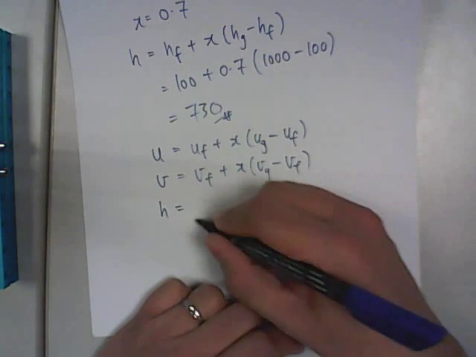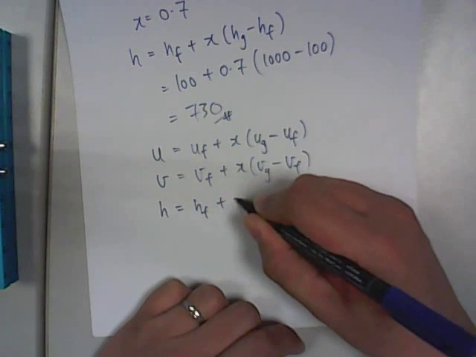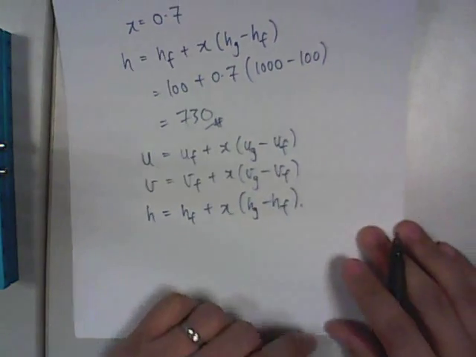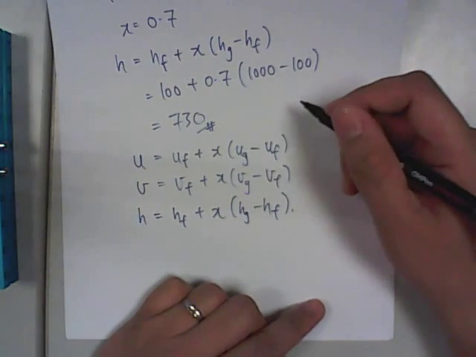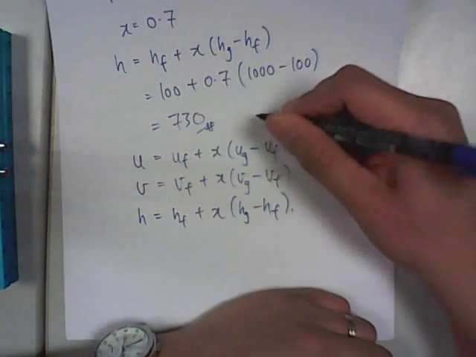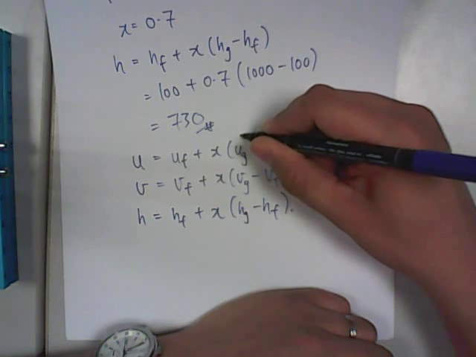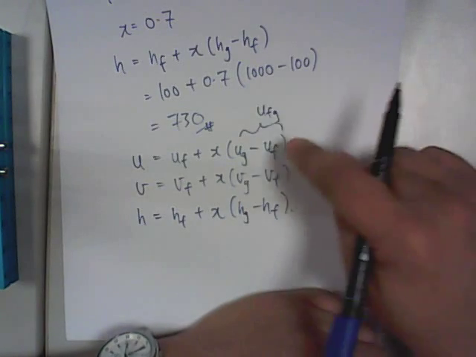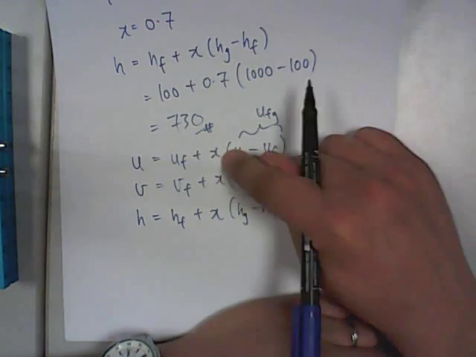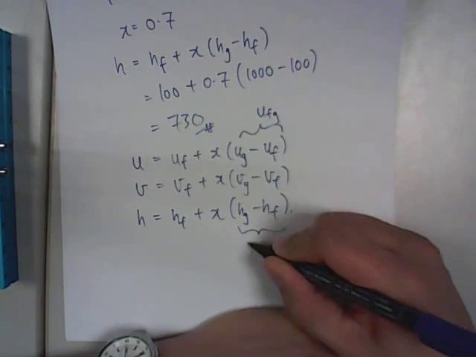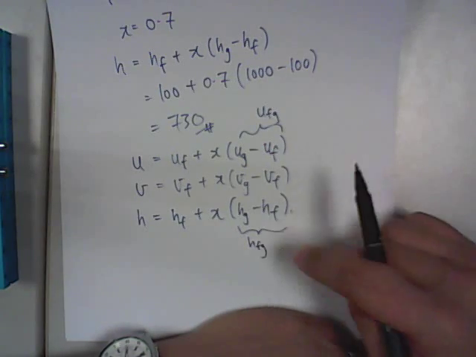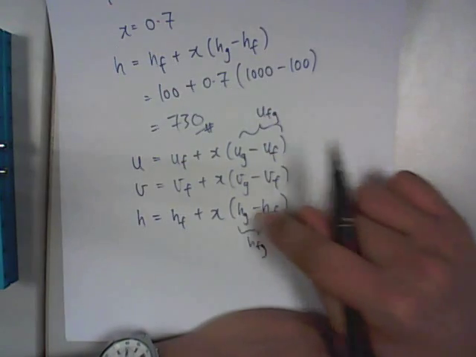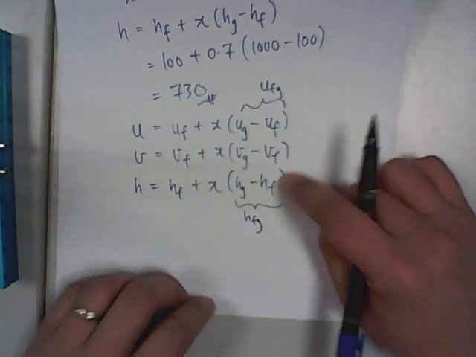Let's write this thing out totally: h = hf + x(hg - hf). You will see in the lecture notes or the book, this becomes ufg. It's actually the same. ufg is just ug minus uf. This is also hfg, from hf to hg, the difference. So hfg is also equal to hg minus hf.